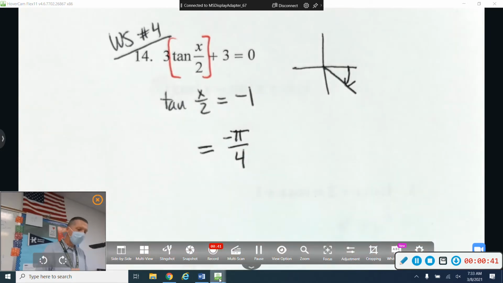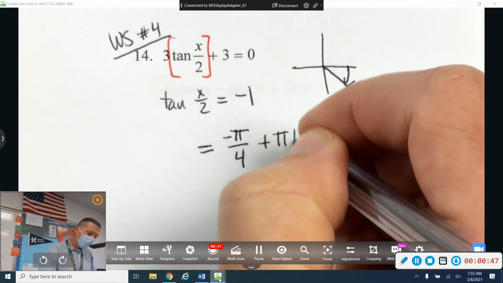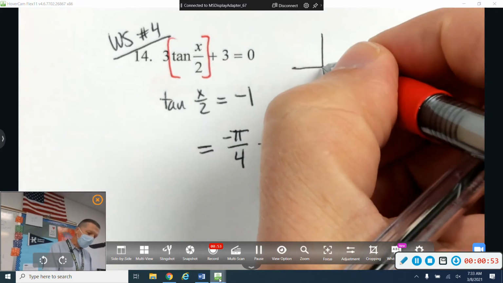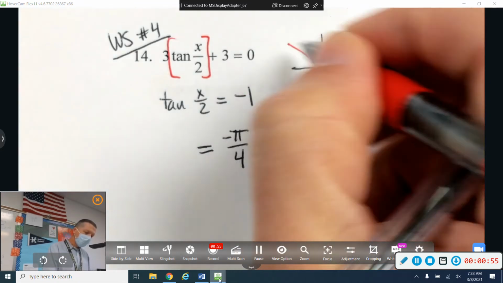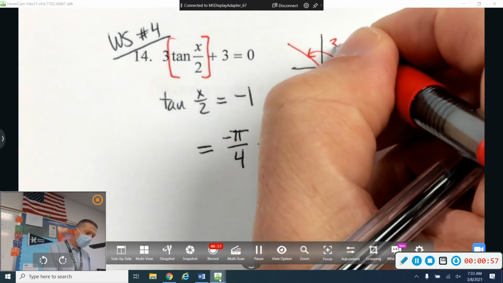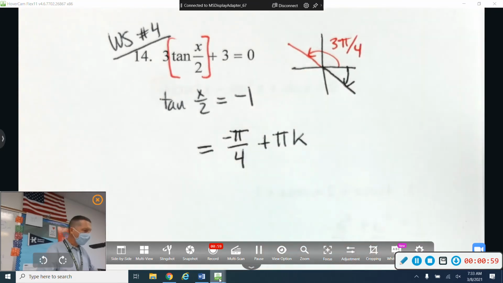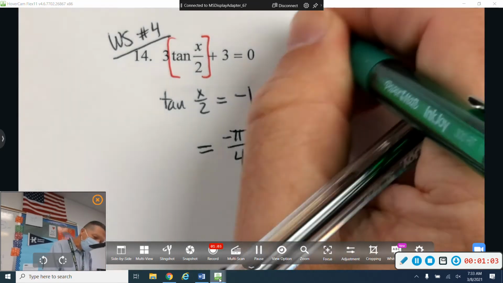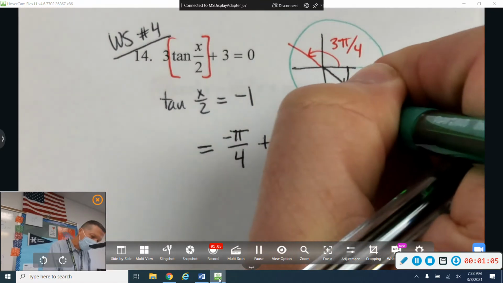And then how do I get all the other answers? Plus pi k. Now, because we're going for all the answers, you don't have to pick negative pi over 4. You could have picked 3 pi over 4. And you could have even picked, all the way around, 7 pi over 4.